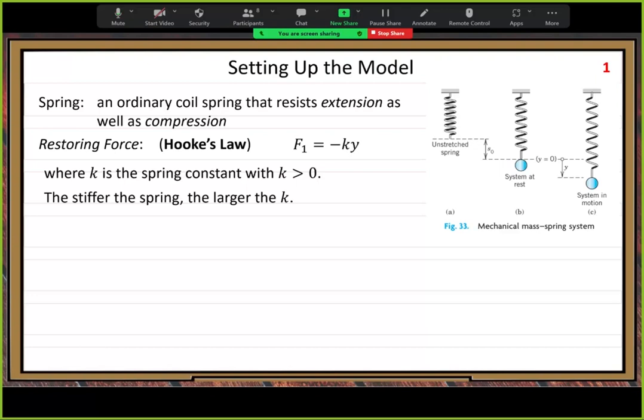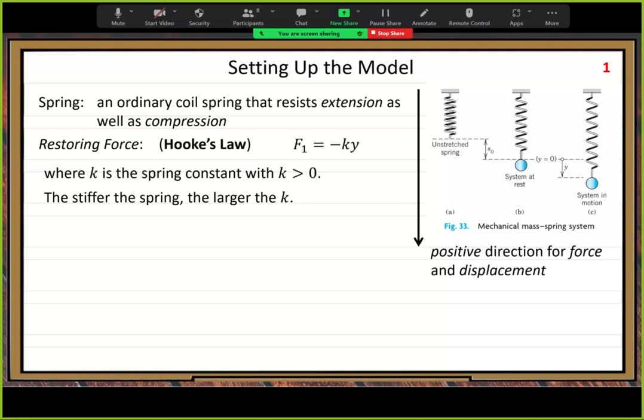Because the stiffer, then K times y, the force, is larger. This arrow tells us two directions, both positive direction for force and displacement.